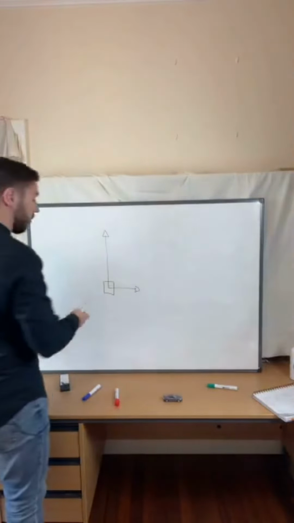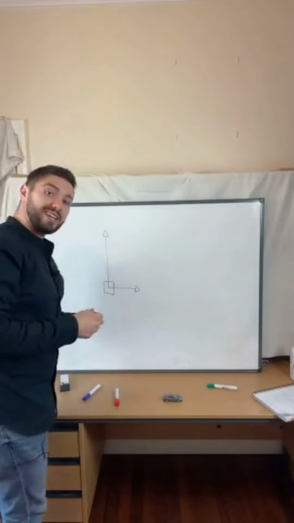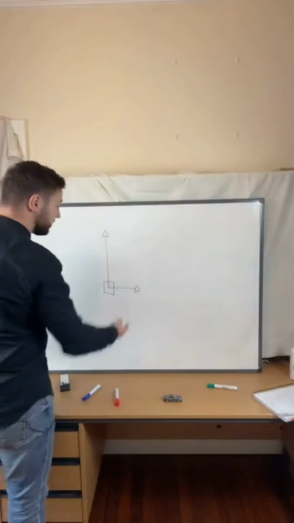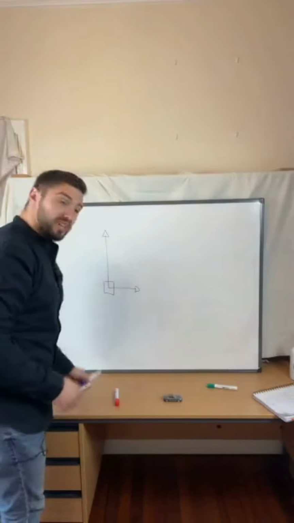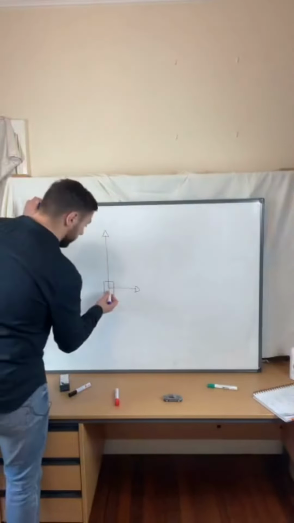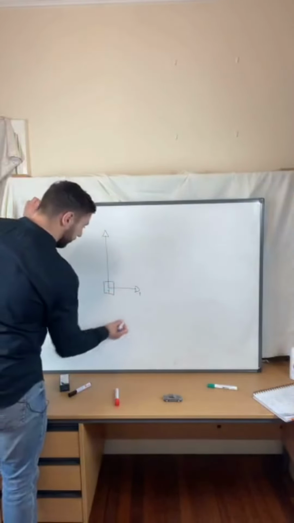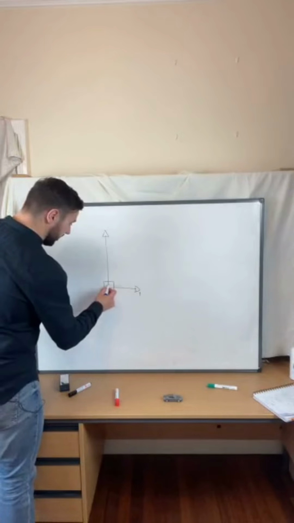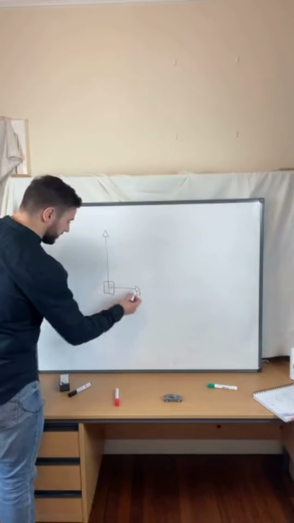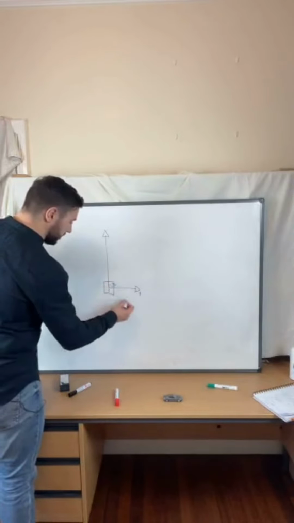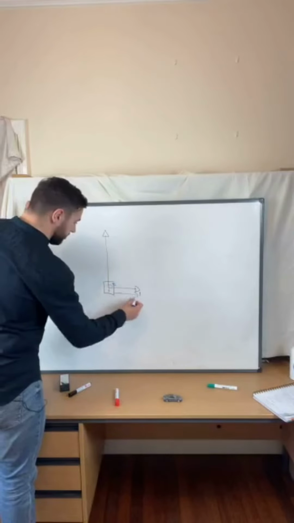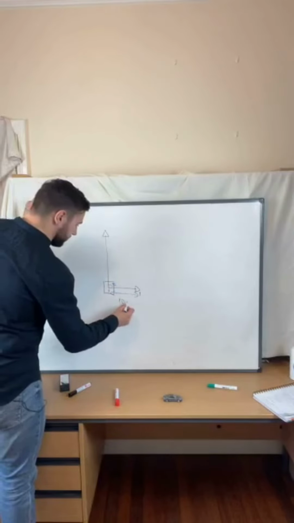To resolve a force and find out where its final resting place is, you need to combine these two. Generally the easiest way of doing it is you find the length of this arrow and the angle that it's at. So let's say this is at 90 degrees, and whatever length that is, we'll say 10 centimeters.